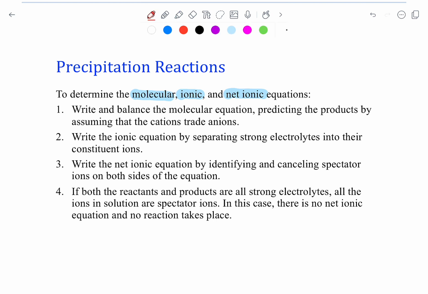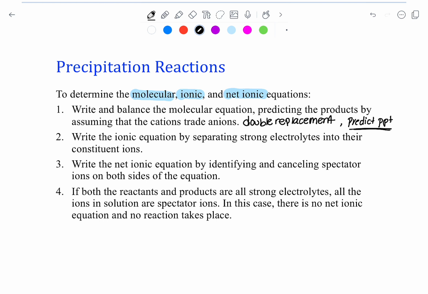So that's our double replacement. Once we've traded those, we have to remember to balance it and predict the products. And what isn't written here is to predict our precipitate. That's the big part of this.